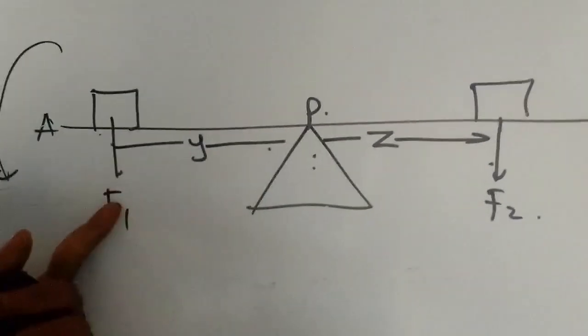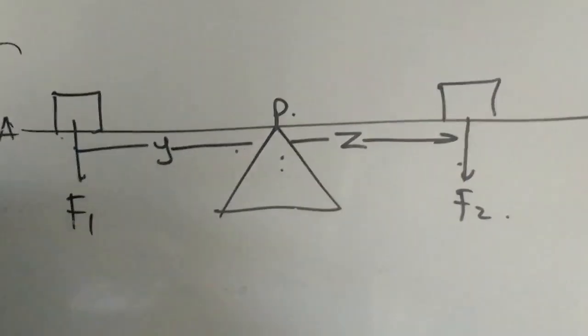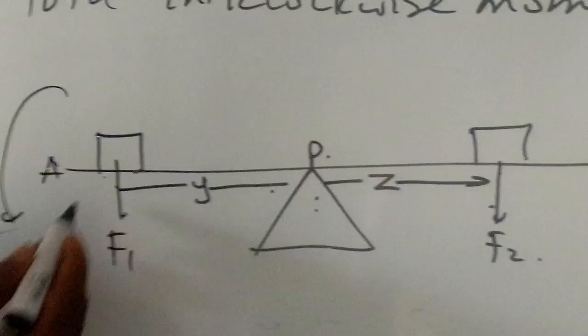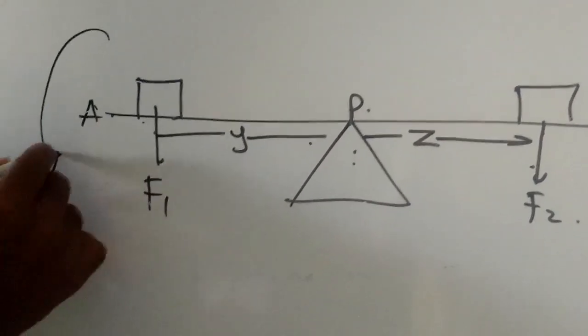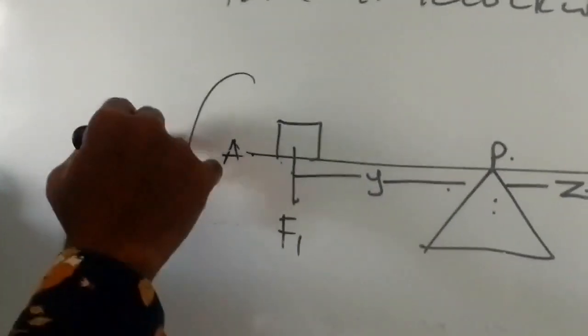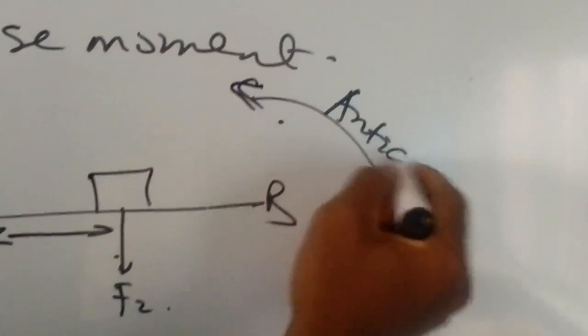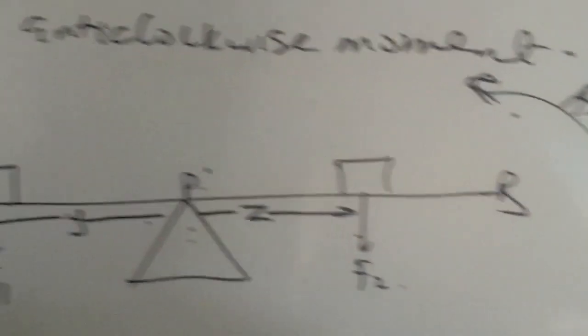The distance between F1 and the pivot is y, between F2 and the pivot is z. So let's assume that this end A is moving in this direction. If A goes down, B will now go in the upward direction. So we can call this movement clockwise and call this other movement anti-clockwise, movement about the pivot.